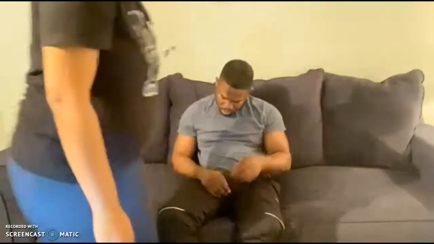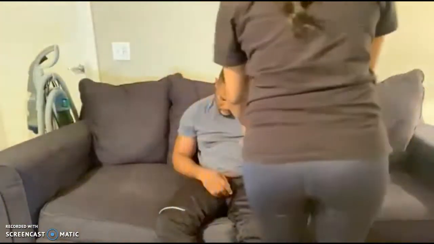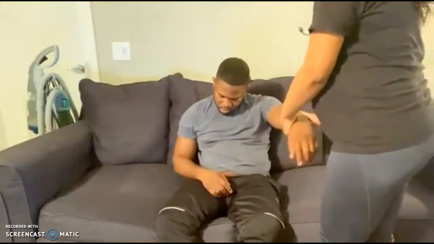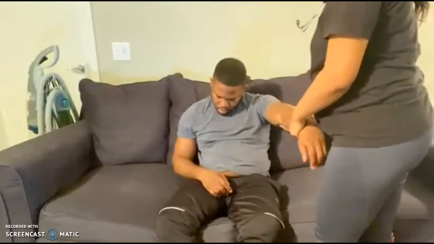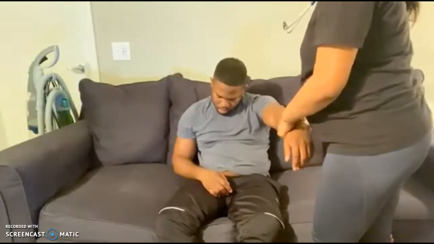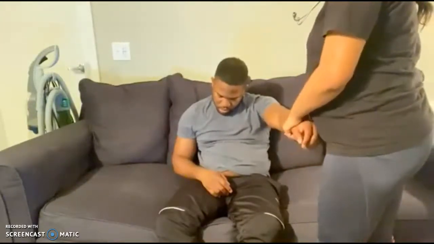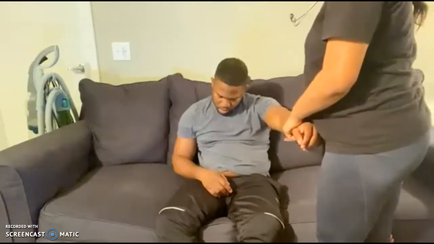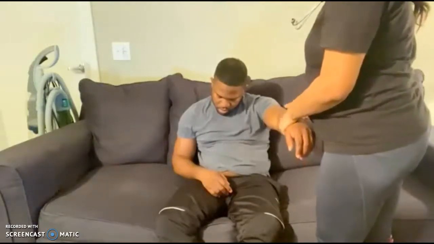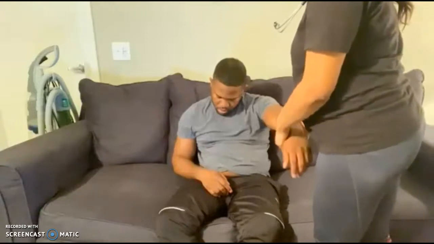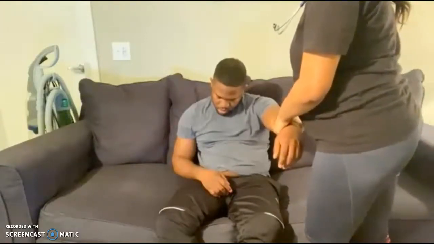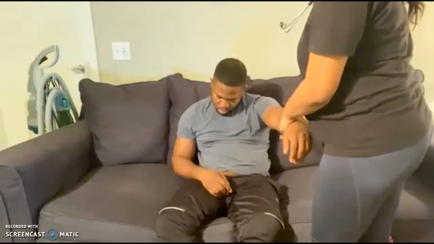And I will do the same on the opposite arm. Skin is dry. Temperature is warm to touch. There's even distribution of the skin throughout. No lesions noted.